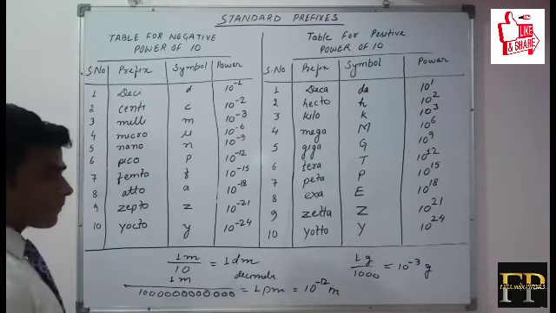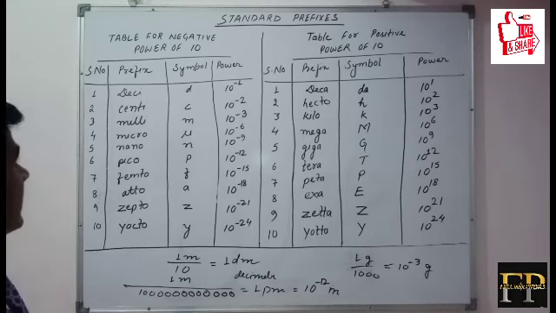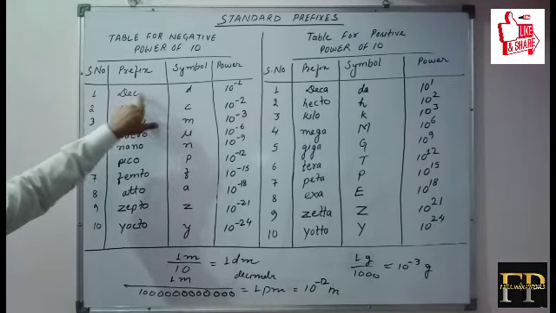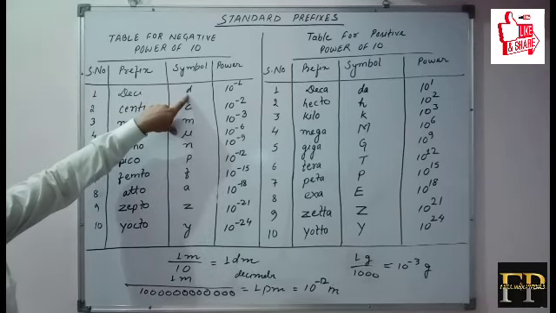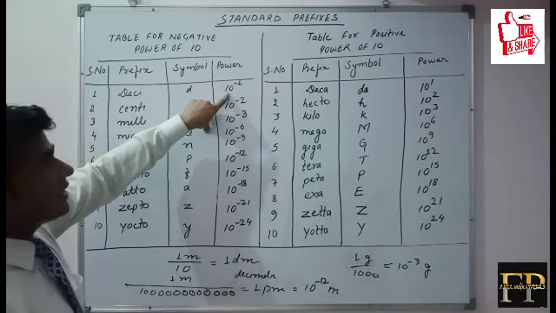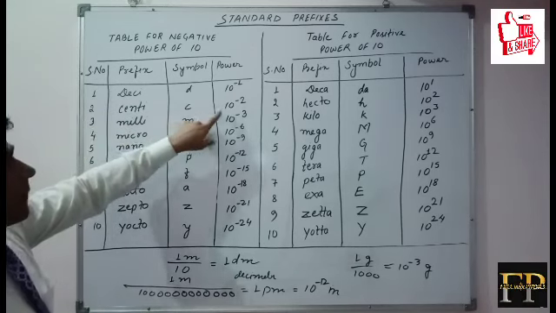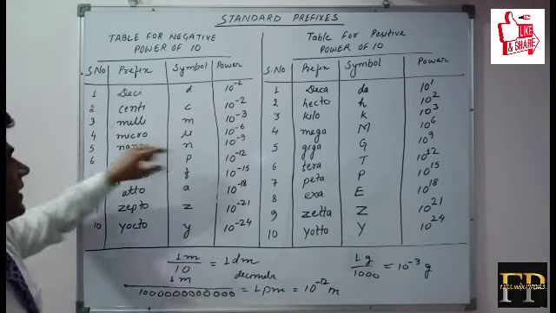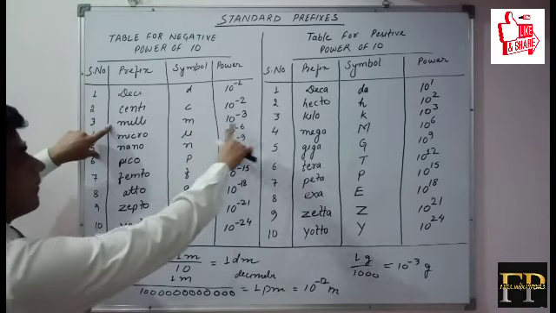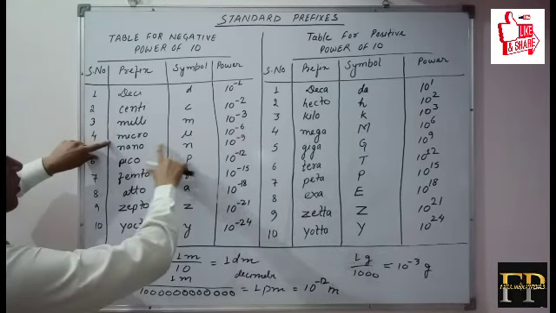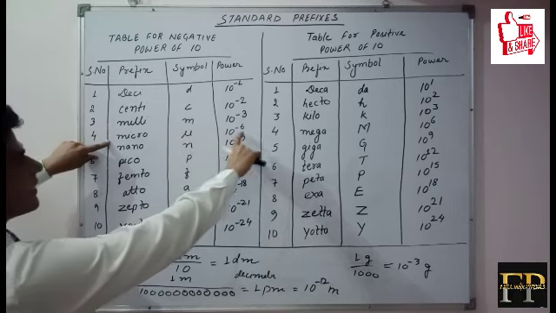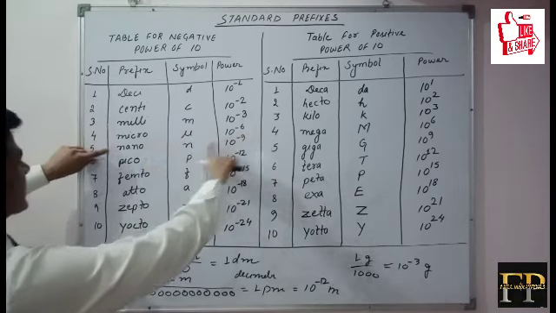Now student, let's understand the table again. Deci, the symbol for deci is d, and the power is minus 1. Centi, the symbol is c, power is minus 2. Milli, symbol is m, power is minus 3. Micro, the symbol is this stands for micro, and power is minus 6.